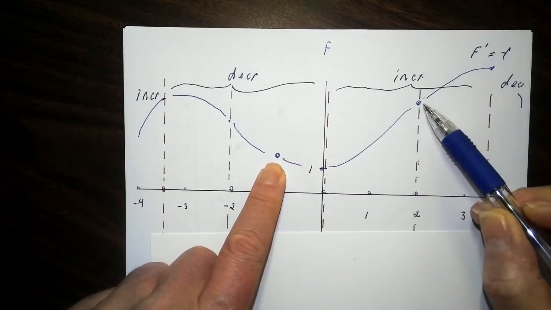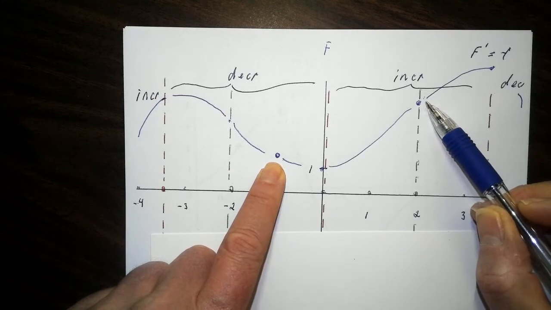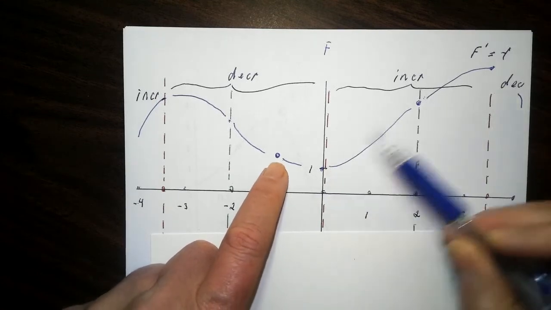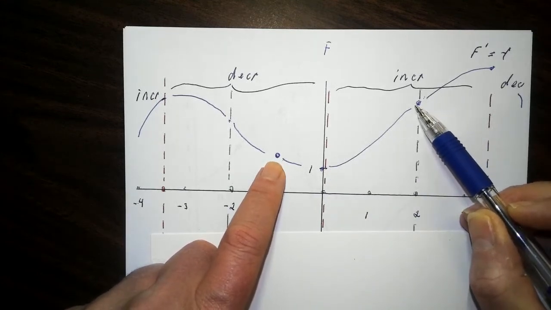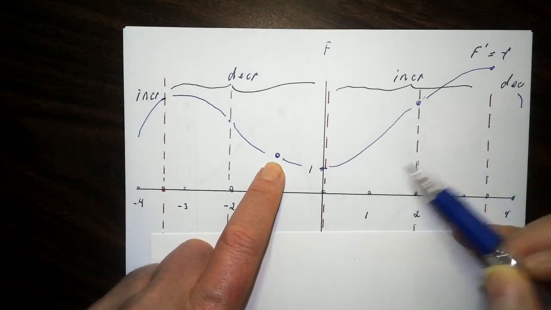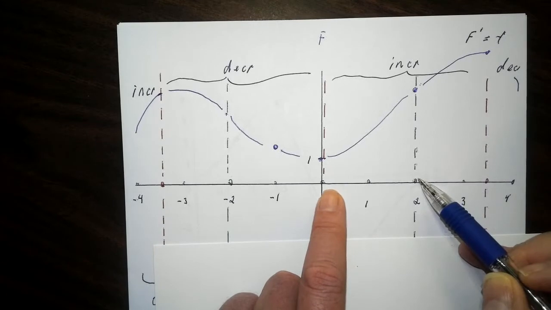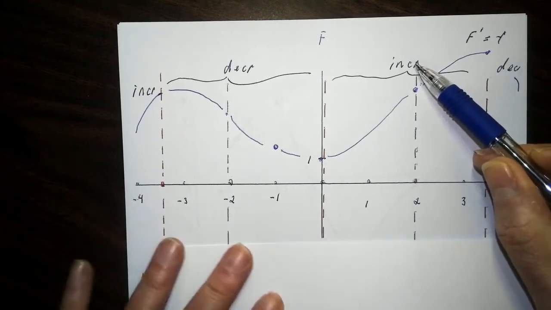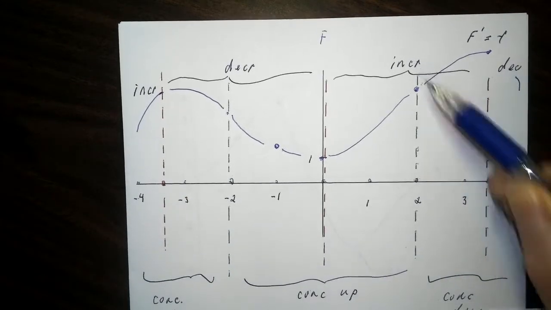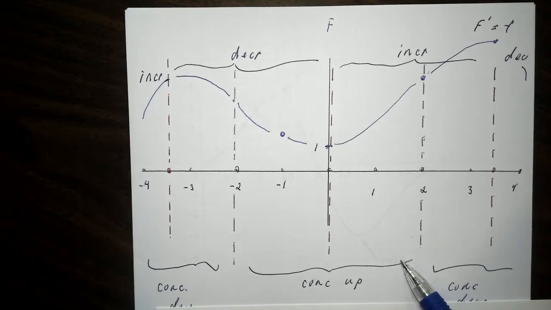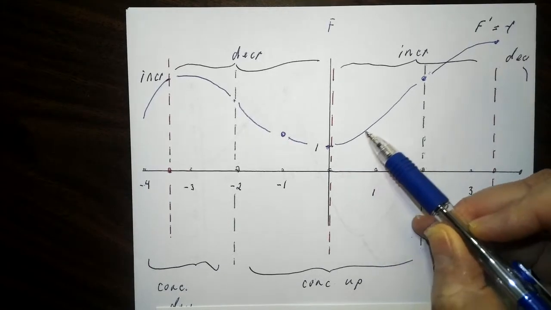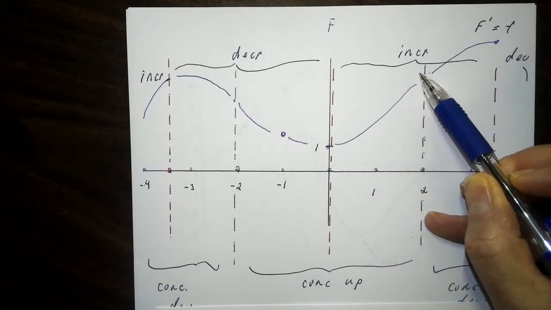And I have an estimate that it passes through 2, 4.5. So this point is for sure, and these 2 points are rough estimates. Now I know from a couple pages ago that within this zone, f has to be increasing, but f also has to be concave up. So that means the graph would look roughly something like that.